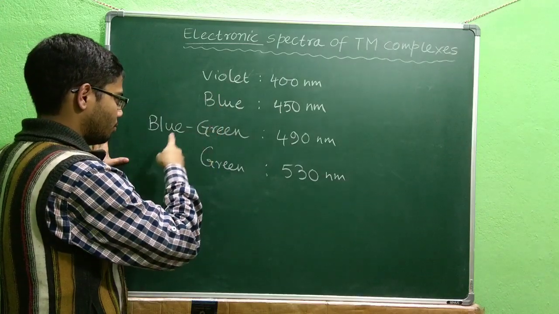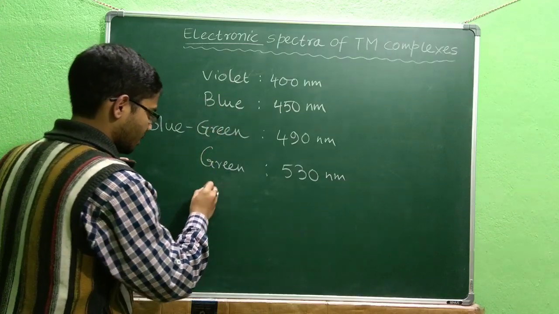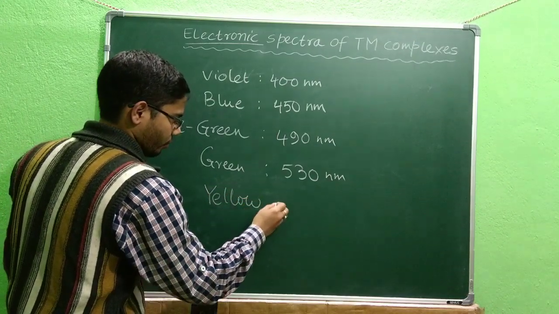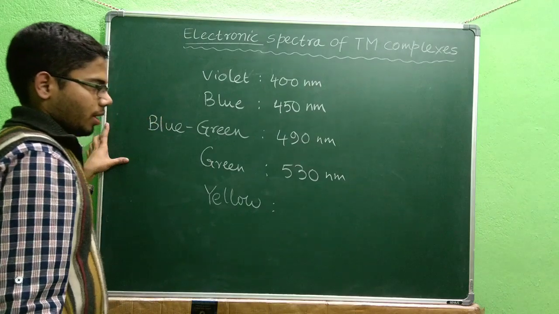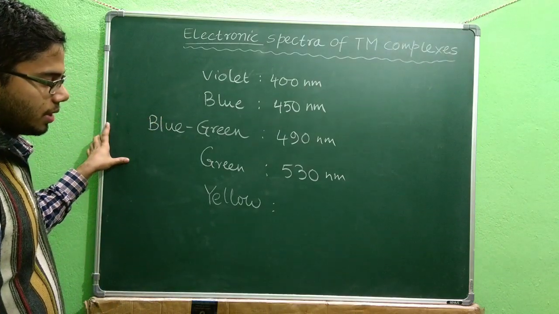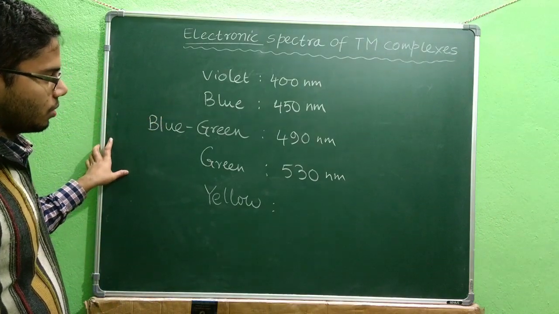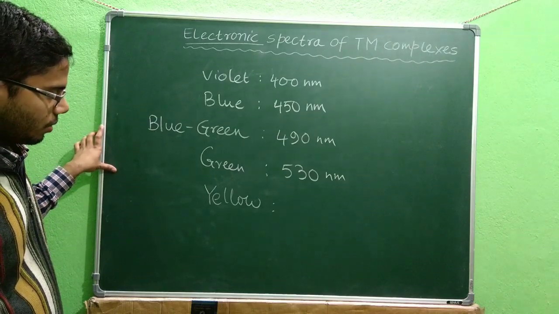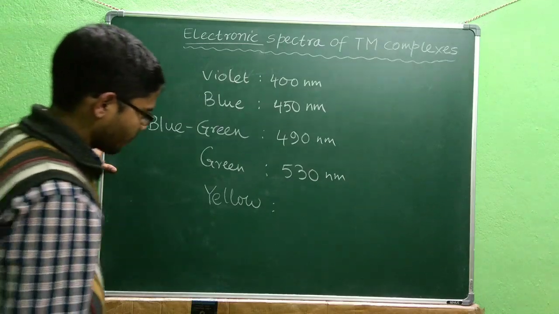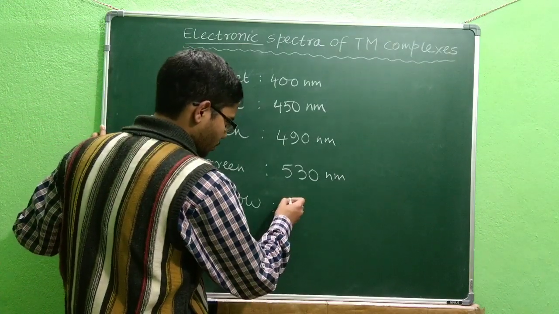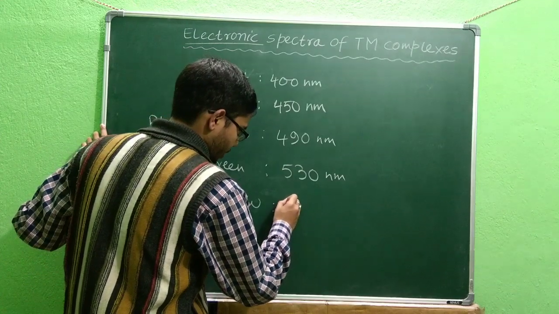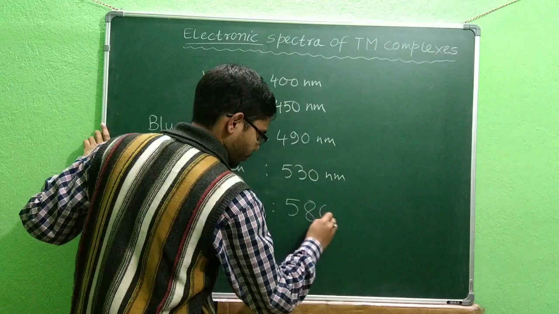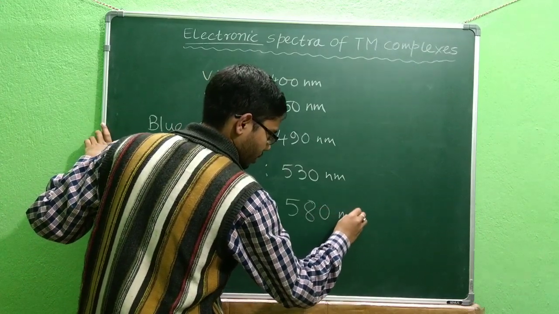So violet, blue, blue-green, green, yellow. Yellow is around, let's say, 580 nanometer.